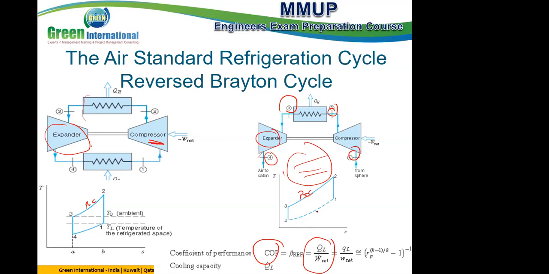Understand me? This is the reason to write work net. Also here we can use the same equation applicable for the Brayton cycle, T2 over T1 equal to P2 over P1 to the power of gamma minus 1 over gamma, and so on, because this cycle is air.